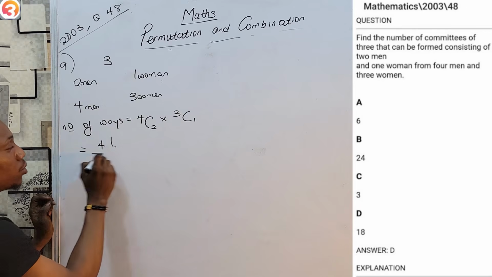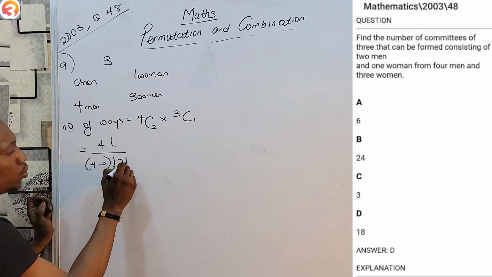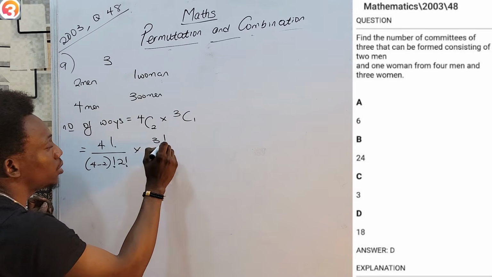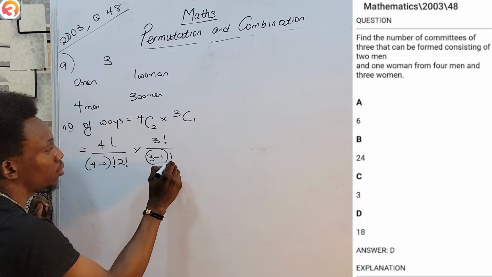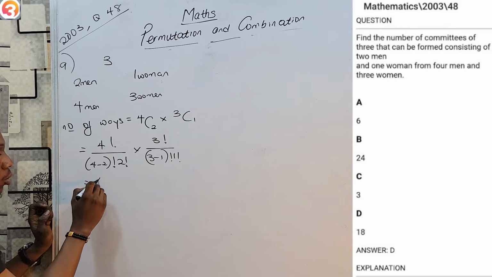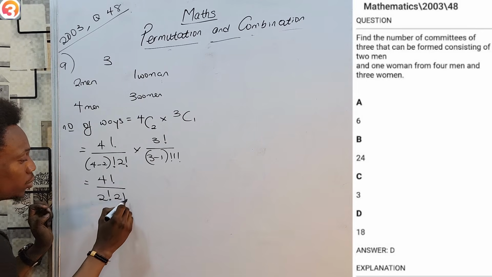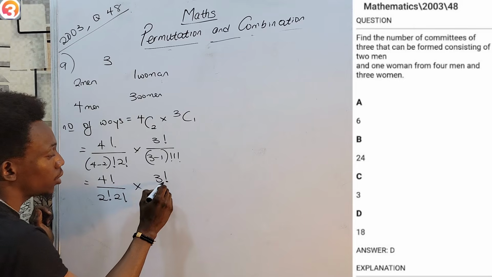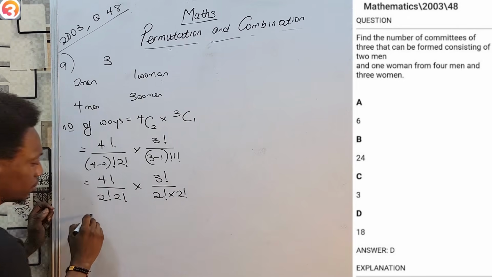That becomes 4 factorial over 4 minus 2 factorial, 2 factorial, times 3 factorial over 3 minus 1 factorial, 1 factorial. Okay, this becomes 4 factorial over 2 factorial, 2 factorial, times 3 factorial over 2 factorial, 1 factorial.